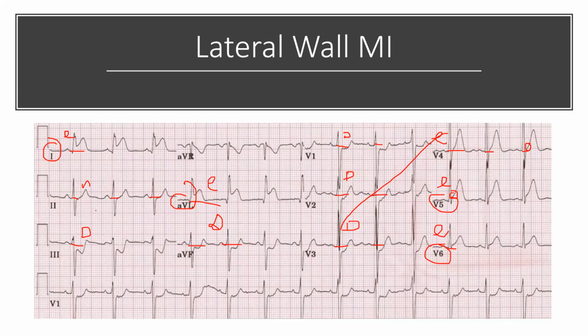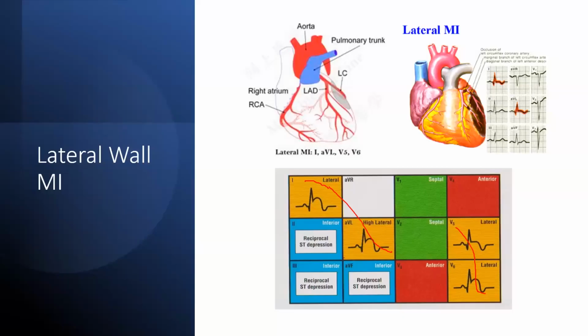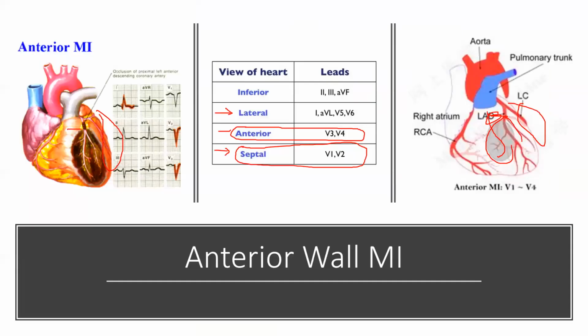Okay. Michelin, very good question. Michelin's question was, in high lateral wall MI, which lead signifies it? It's signified by leads 1 and AVL. And so let me just go back to this one right over here.